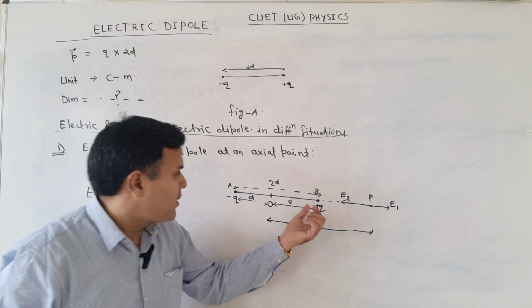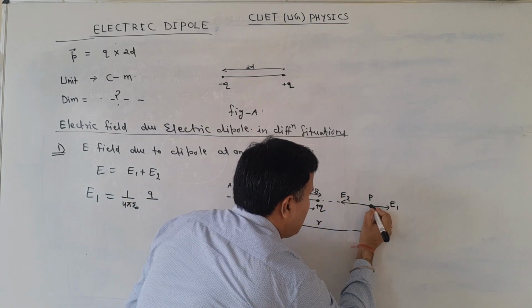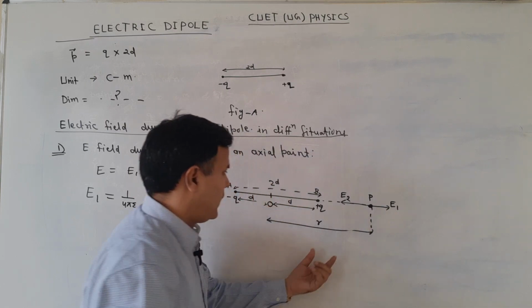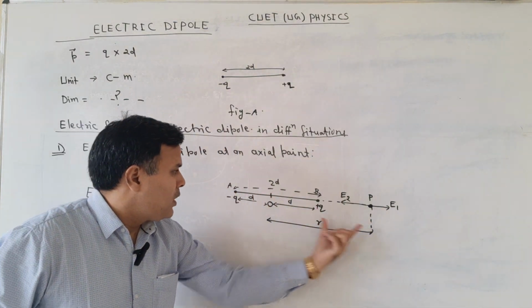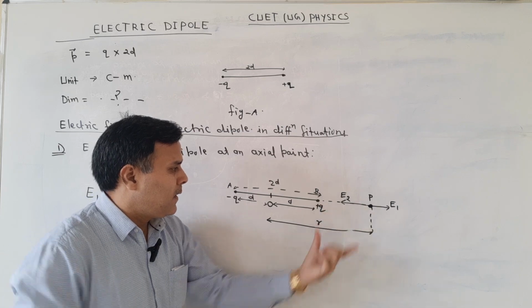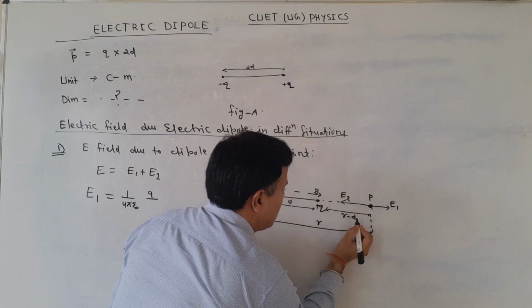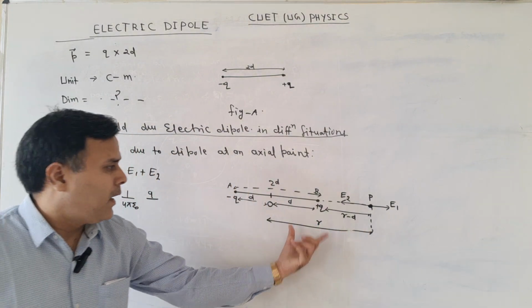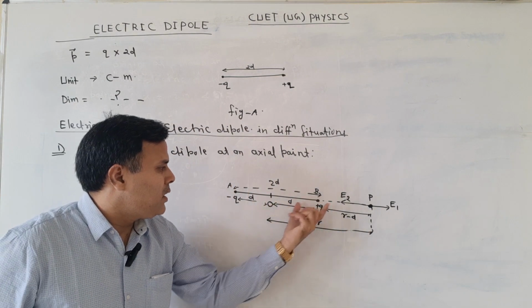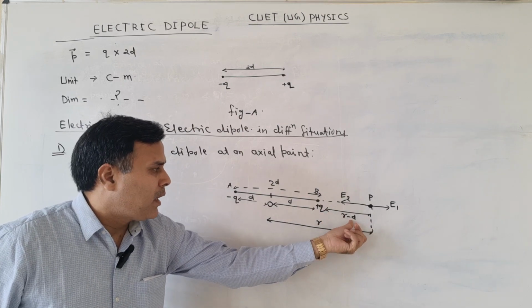And what is the distance of this plus charge from this point P? The total distance from the center of the dipole is r, and this distance is simply r minus d. Total is r, and O to B is d. So the total distance is r minus d.